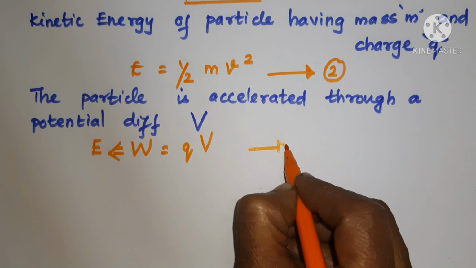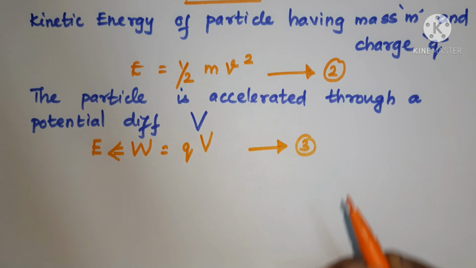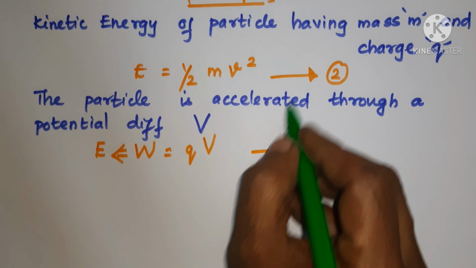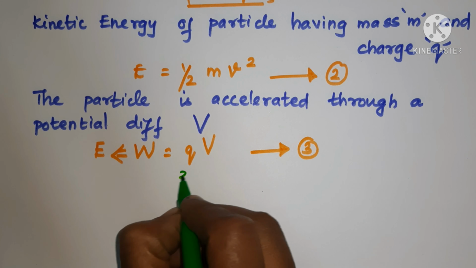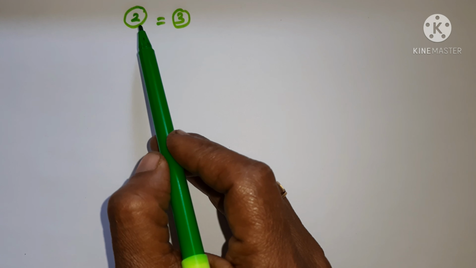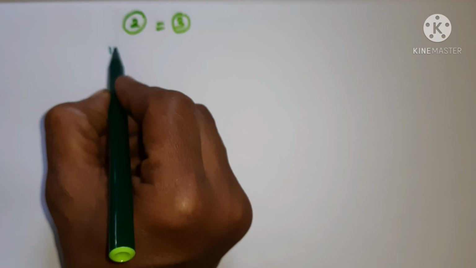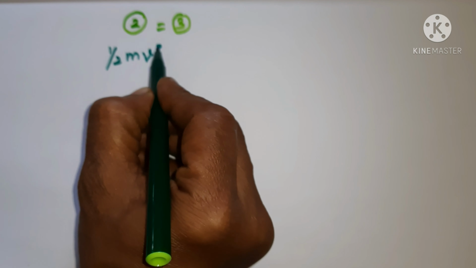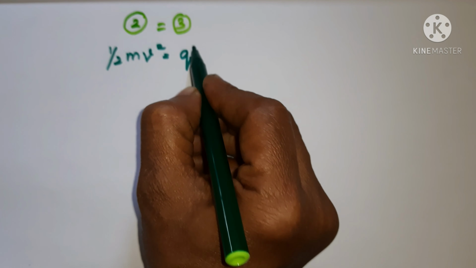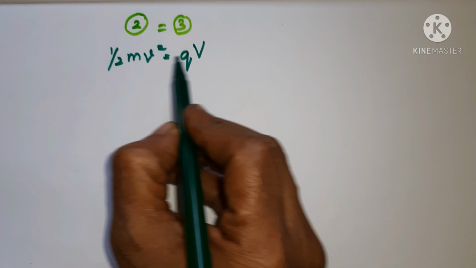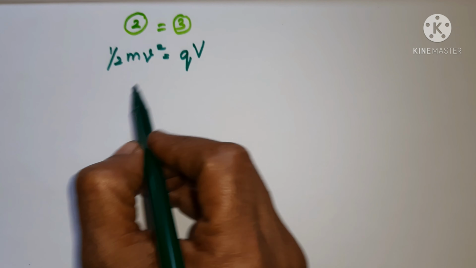Let me write this to be the third equation. Now we are going to equate both the energies, 2 is equal to 3. So we have half mv square is equal to qV, where v is the velocity and capital V is the potential.